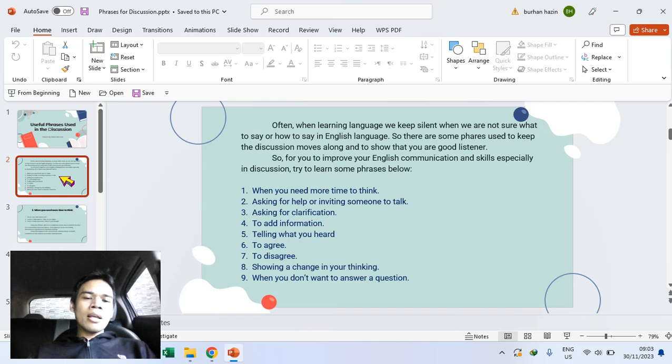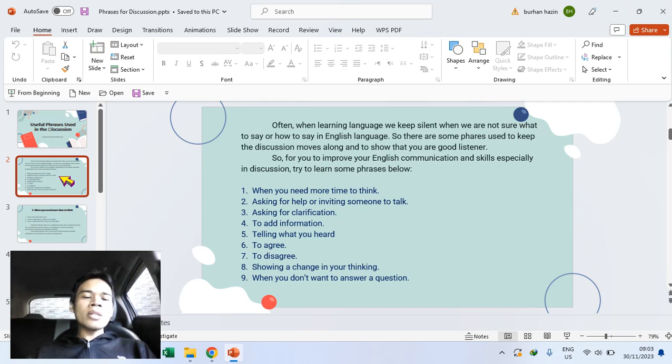And then if you want to add information during discussion, what phrases are you going to use? Then also telling what you heard. Sometimes you need to tell what you heard. Then the support, for example, to support your idea or opinion, or to support the other opinions when you agree, and so on. So what phrases are you going to use?